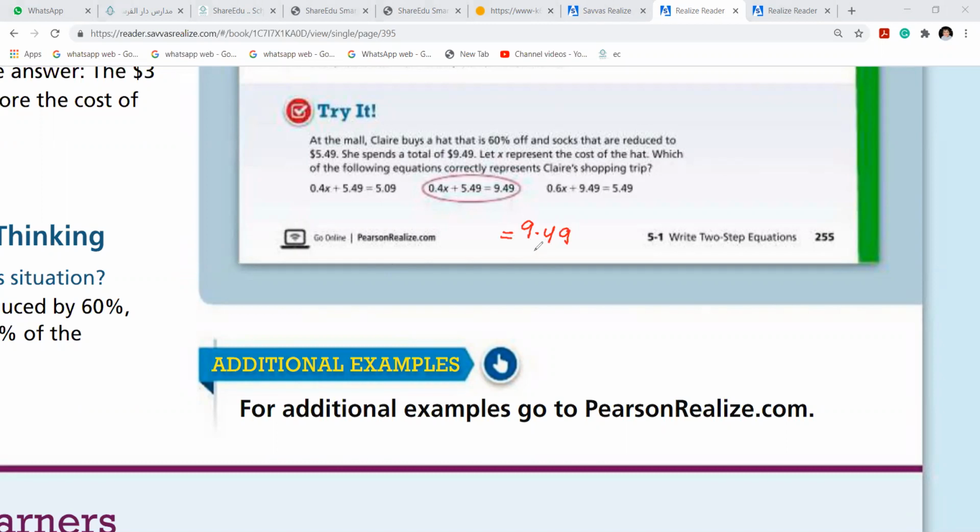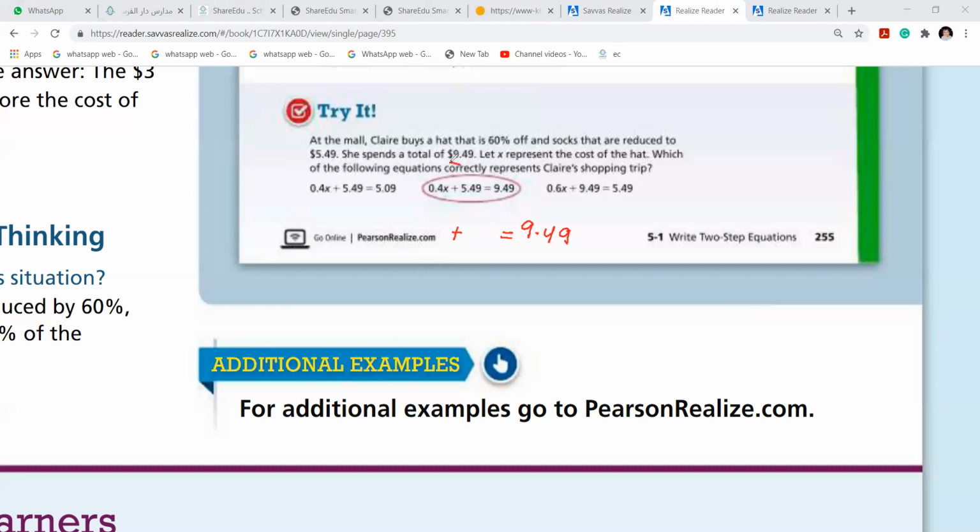Total is this much. And 60% of socks that were reduced to 5.49, and X represents the cost of hat. Now X plus 5.49. Of course, the total has to be 9.49. So this is the correct option.